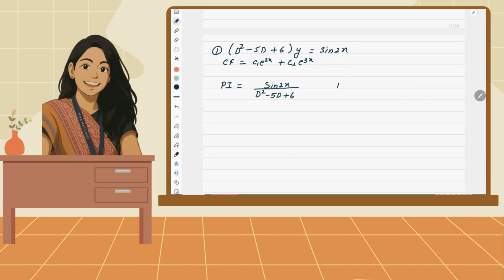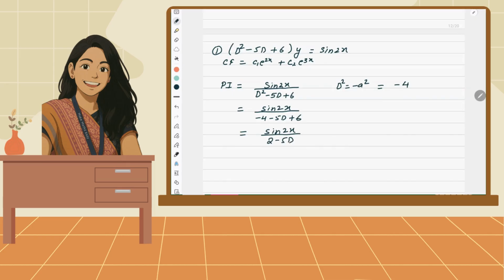As I said, you put D square equal to minus a square. What is a here? a is 2, so a square is 4, and I put minus 4. So I get sin 2x upon minus 4 minus 5D plus 6, which is sin 2x upon 2 minus 5D.